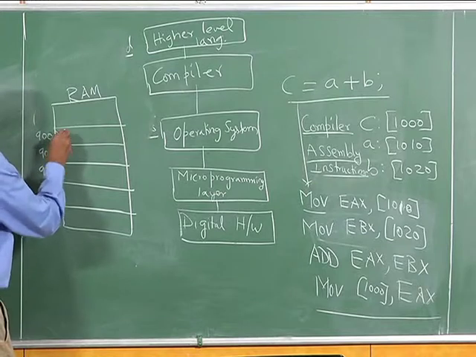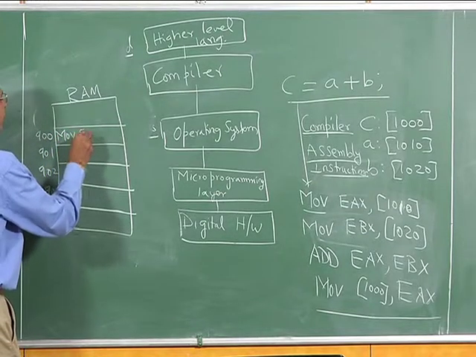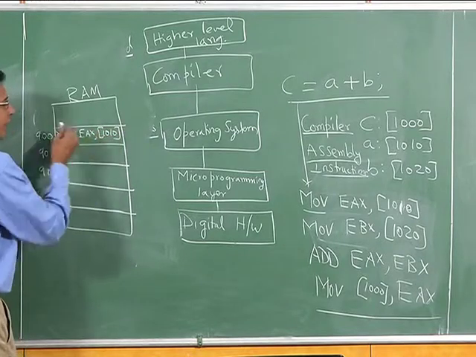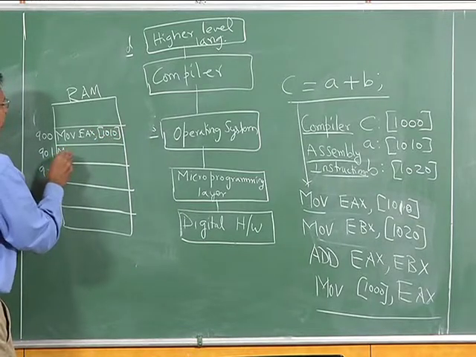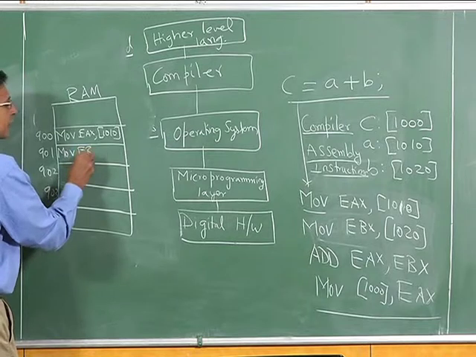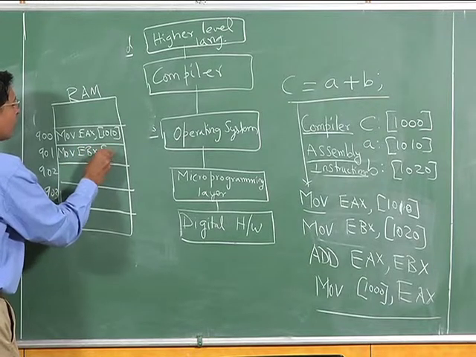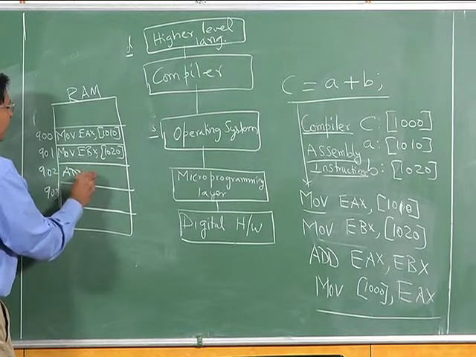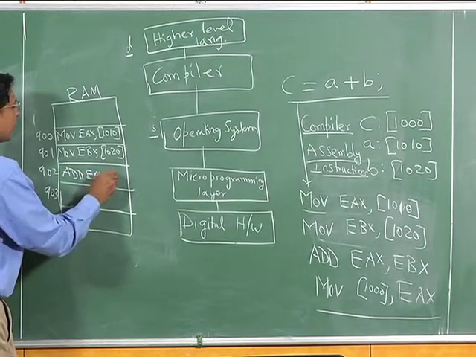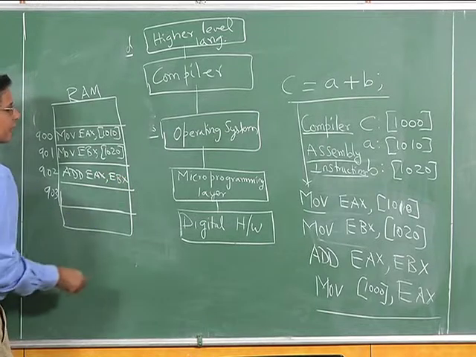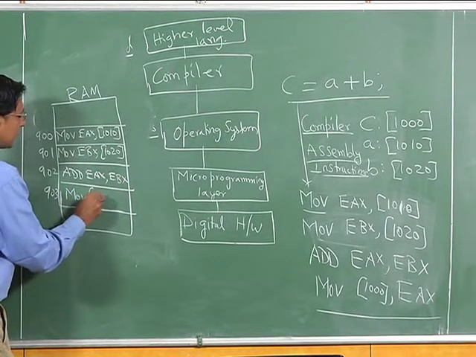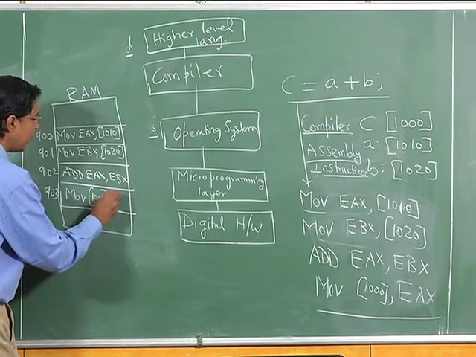Let us say that move EAX, 1010 is loaded here, move EBX, 1020 is loaded here, add EAX, EBX is loaded here, then move 1000, EAX is loaded here.